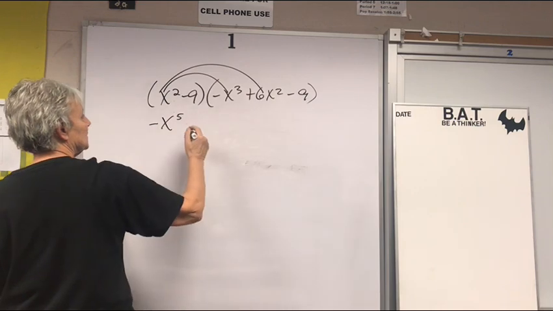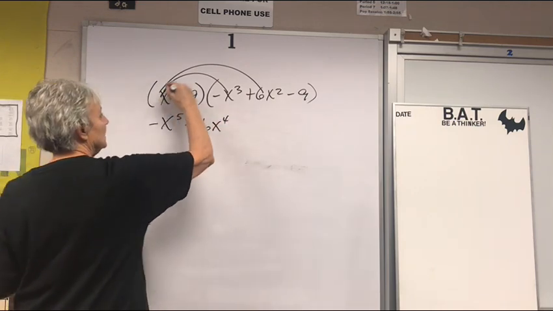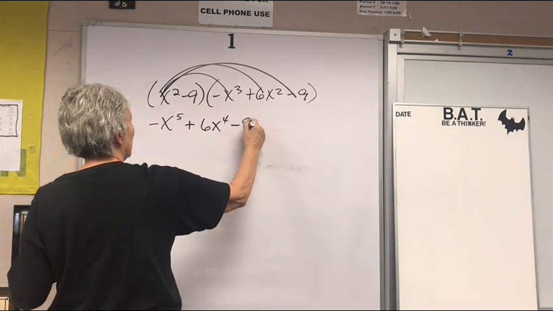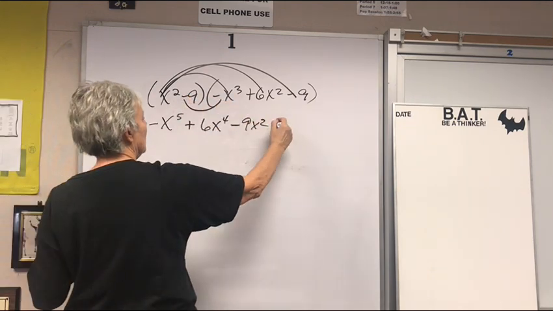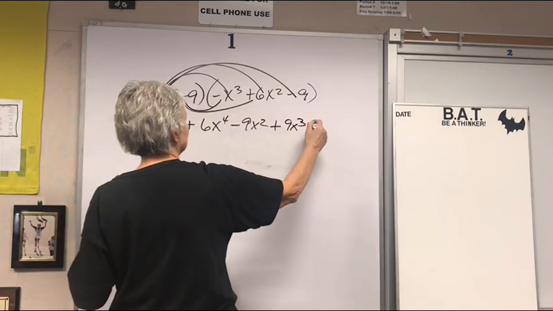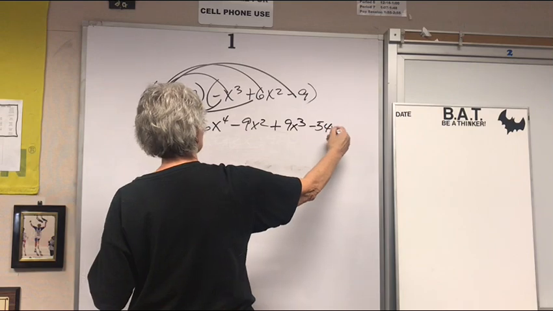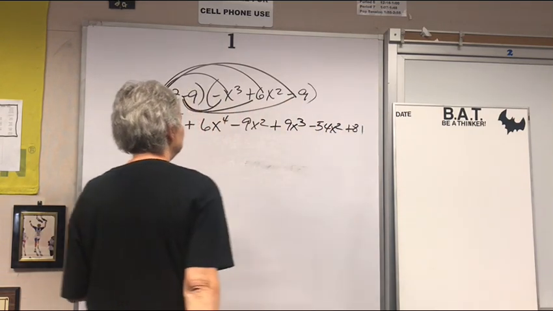This times this, positive 6x to the 4th. This times this, negative 9x squared. Now we take the negative times negative: positive 9x cubed, negative 54x squared, and positive 81.